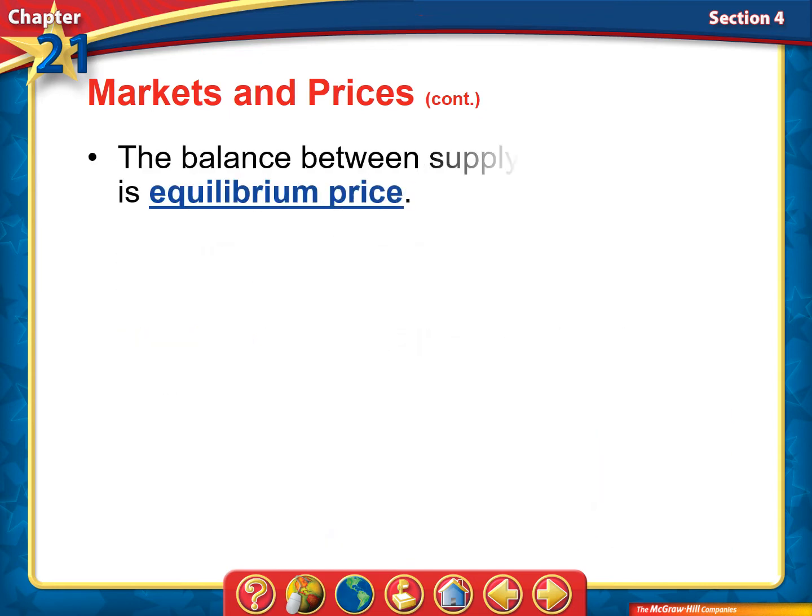That's called equilibrium price, when there's a perfect balance between the supply and the demand. It's theoretical. I mean, you don't always find the perfect equilibrium price. But if you do, man, you're making money.